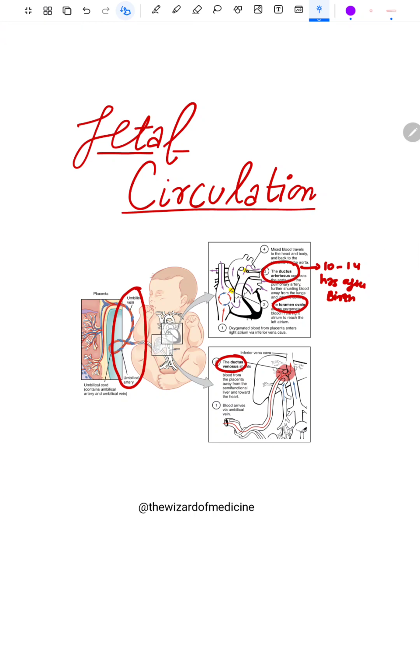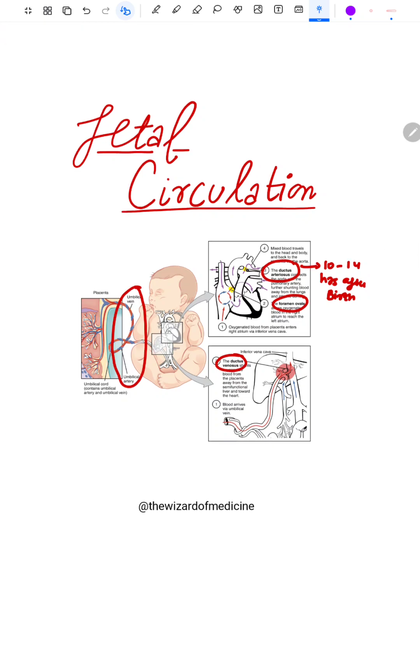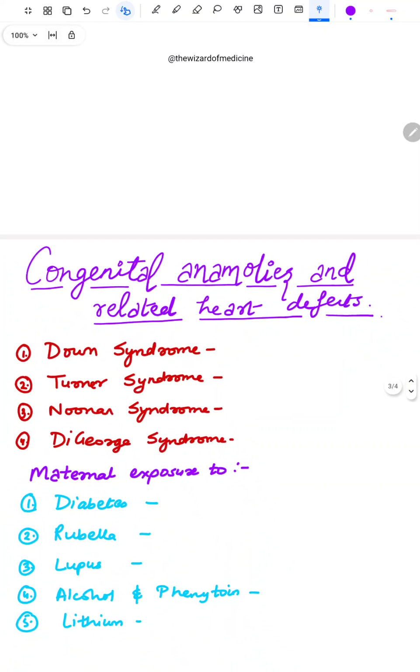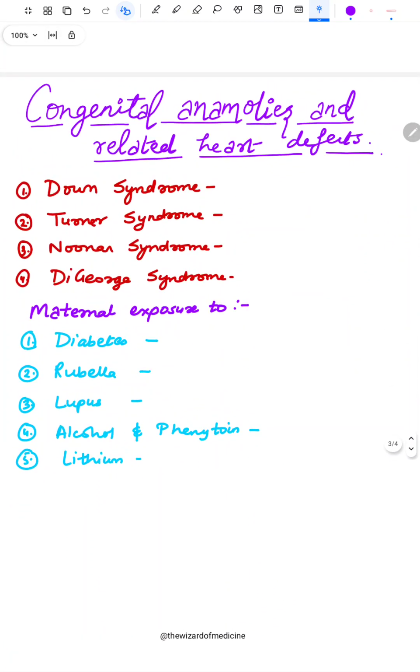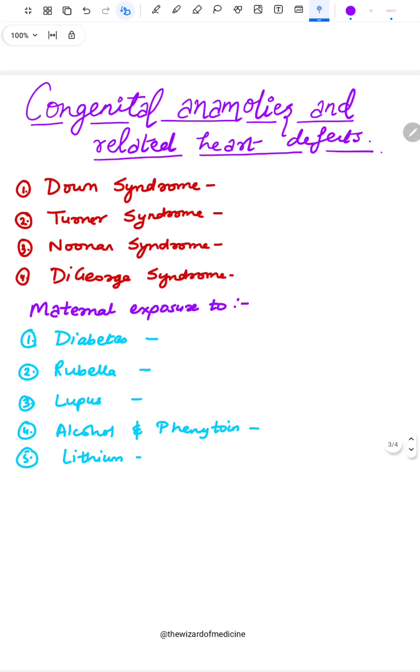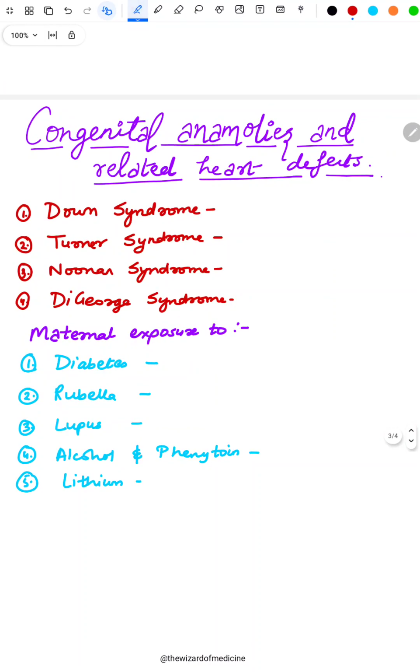Now let's discuss certain congenital anomalies and the related heart defects. In Down syndrome, a child can have a heart defect that we call the endocardial cushion defect.